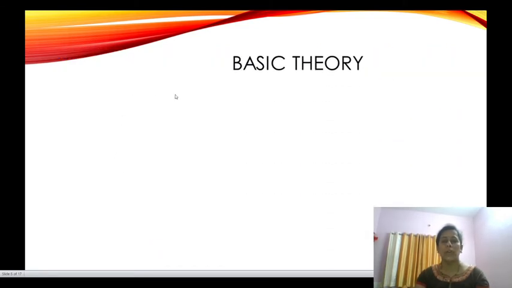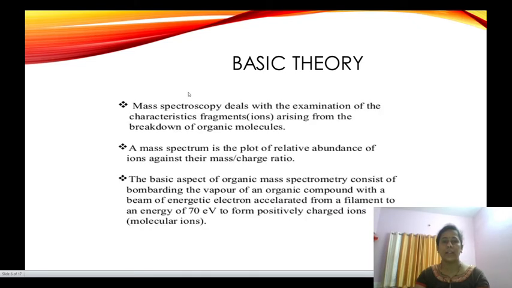Now we are going to discuss the basic theory for mass spectroscopy. Mass spectroscopy deals with the examination of the characteristic fragments arising from the breakdown of organic molecules. Also, it is a plot of relative abundance or relative intensity versus the mass to charge ratio.